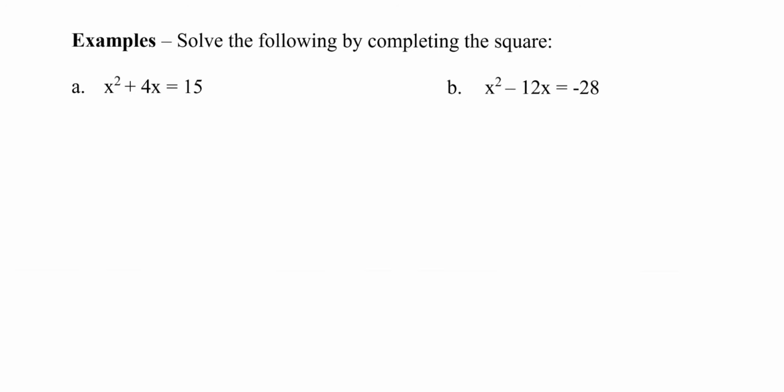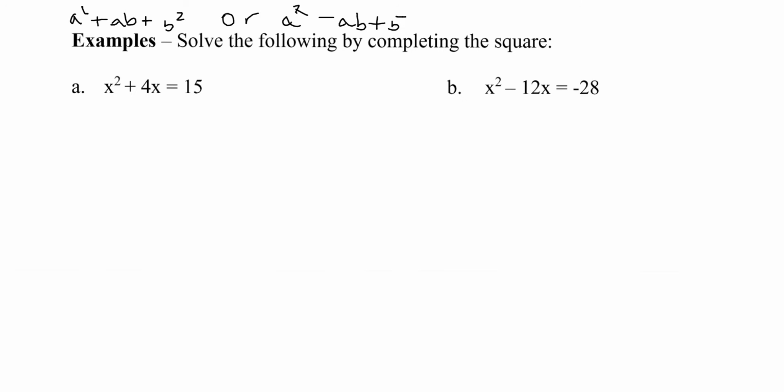Your perfect square trinomial is a trinomial that's going to be in the form of a squared plus ab plus b squared, or a squared minus ab plus b squared.